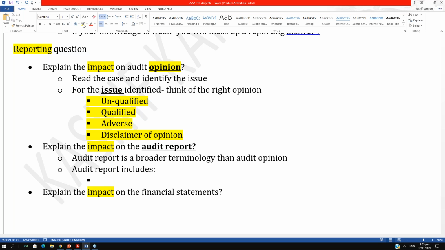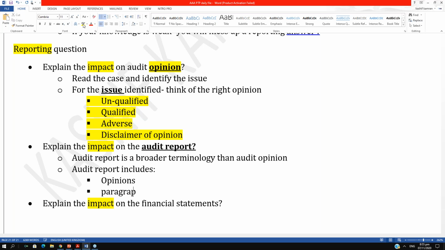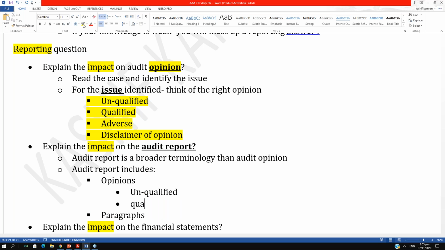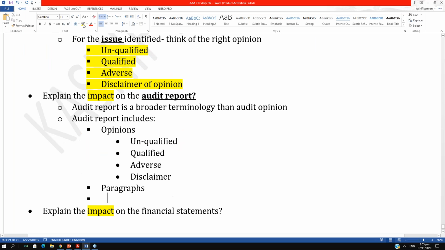Audit report is broader terminology than audit opinion, and the audit report includes opinions and paragraphs. How many opinions does the audit report include? Unqualified, qualified, adverse, disclaimer. And the audit report can include material uncertainty relating to going concern.